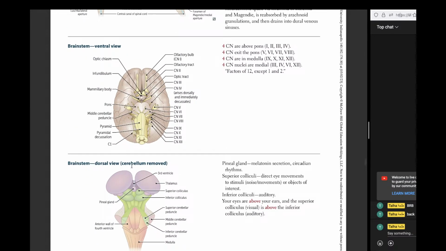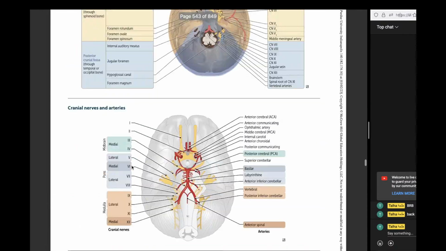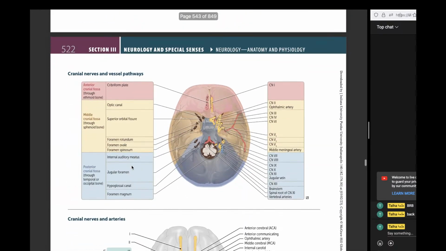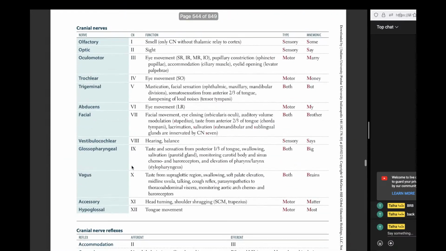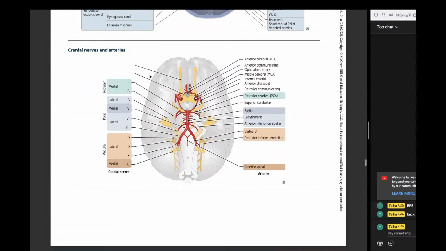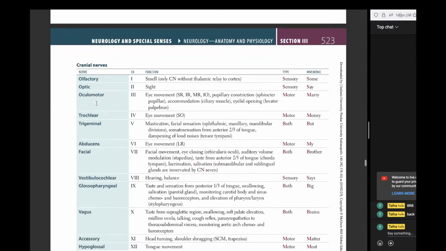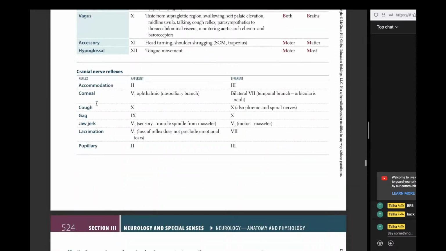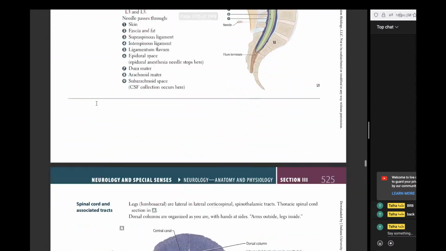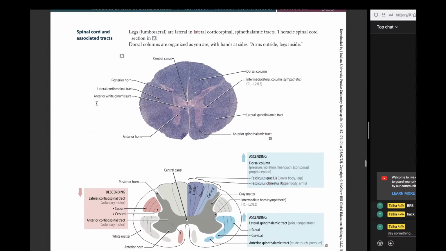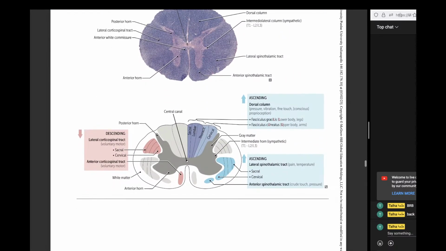These are the exits. Oh, cranial nerves and arteries. These are also good. I should maybe at least do the arteries. Oh, this one's good too.